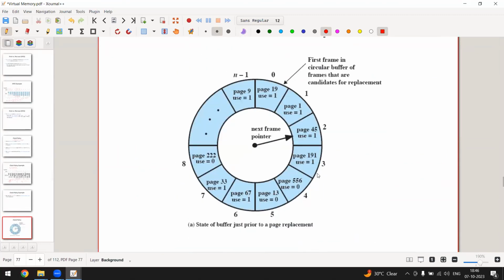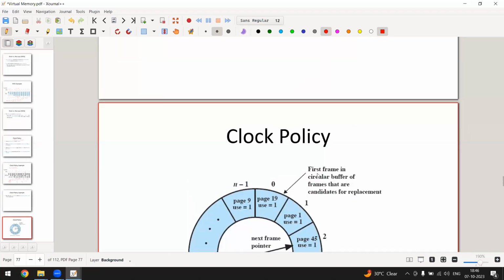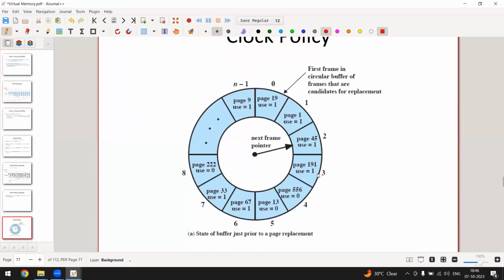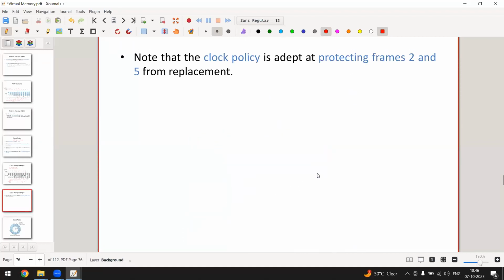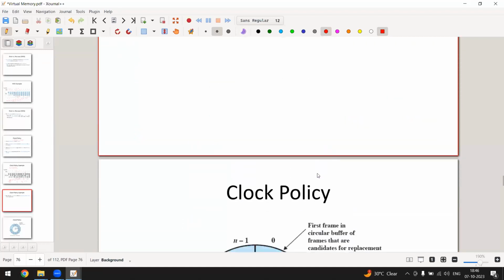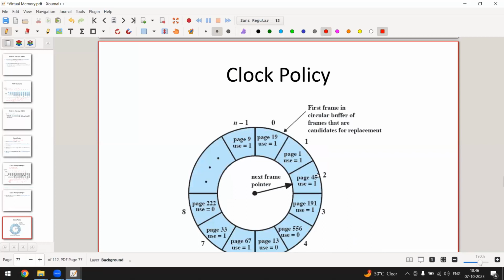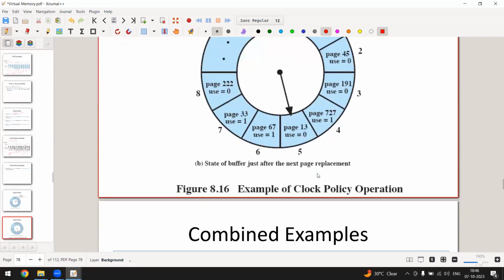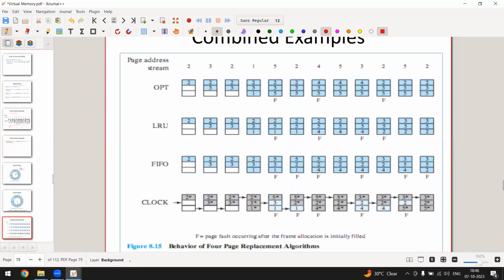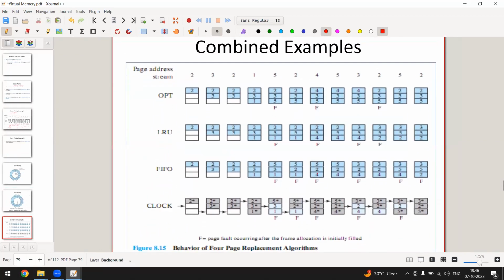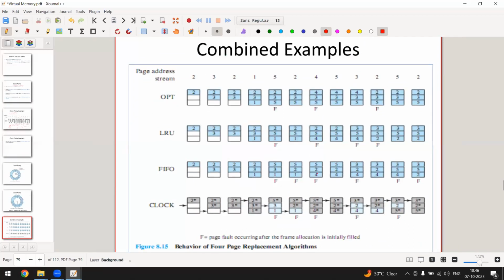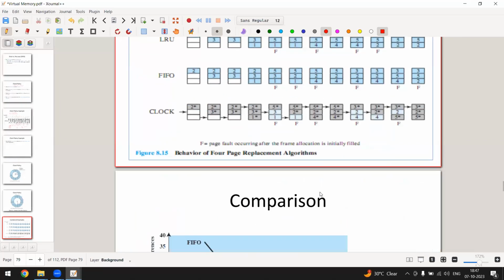So again, this is just a circular illustration of clock policy. It uses the concept of a circular pointer, that we are not discussing. So this is a complete example of FIFO, LRU, optimal and clock policy, and how they are impacting the performance in terms of page faults.